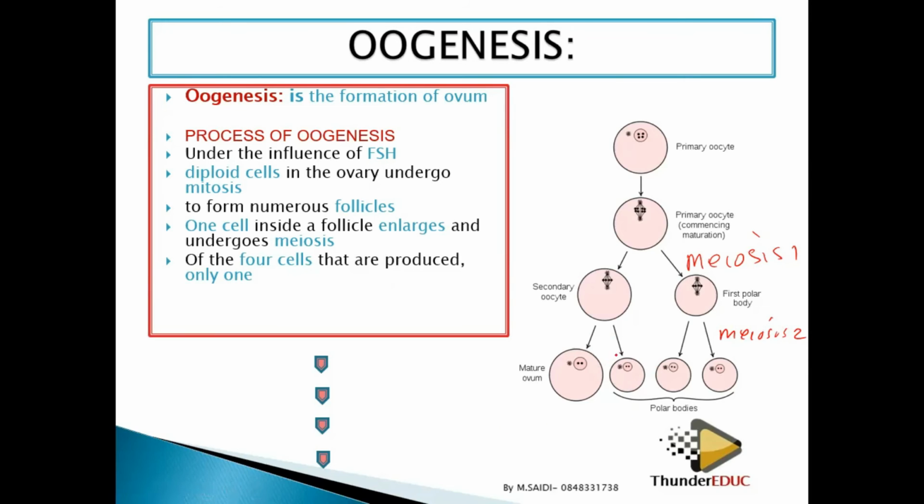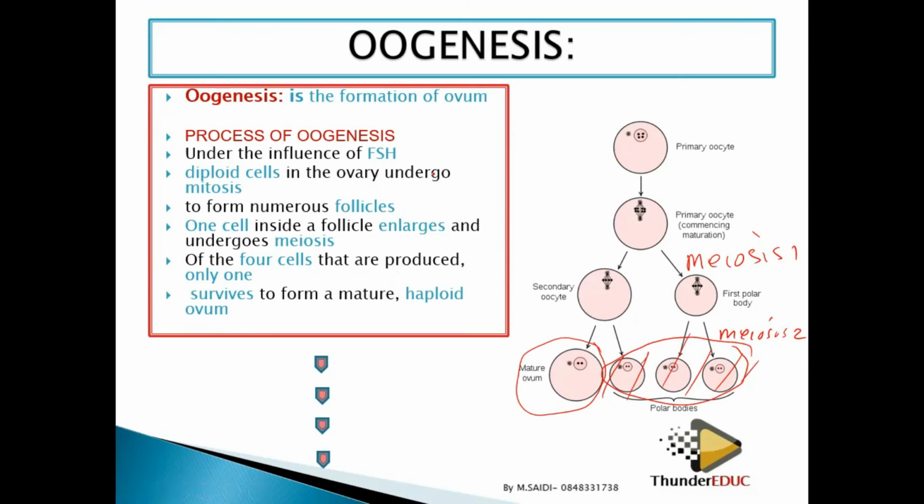Only one. The remaining are going to become polar bodies. These ones degenerate. They don't become big. Only one is going to become big, or develop, and then survives to form a mature haploid cell.